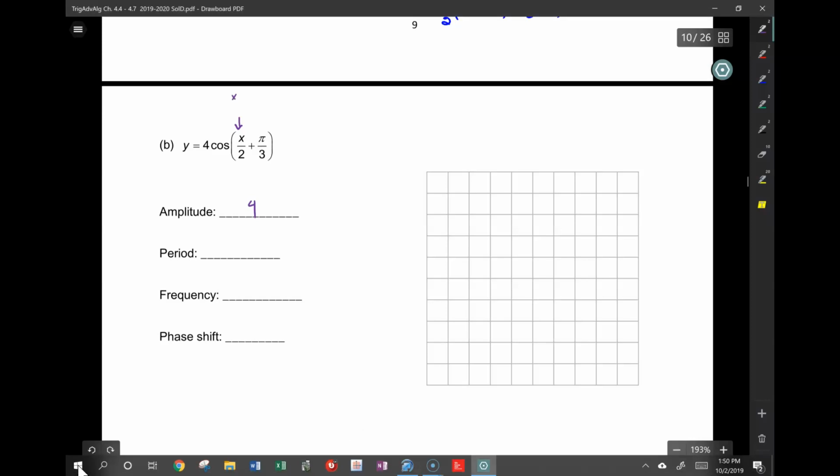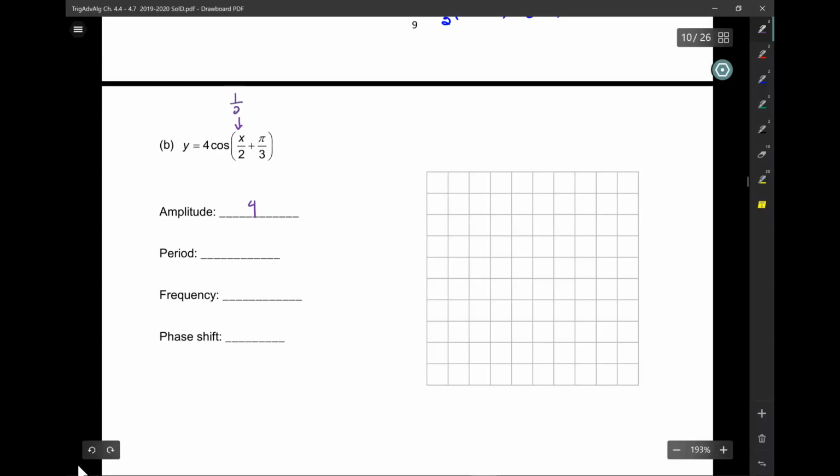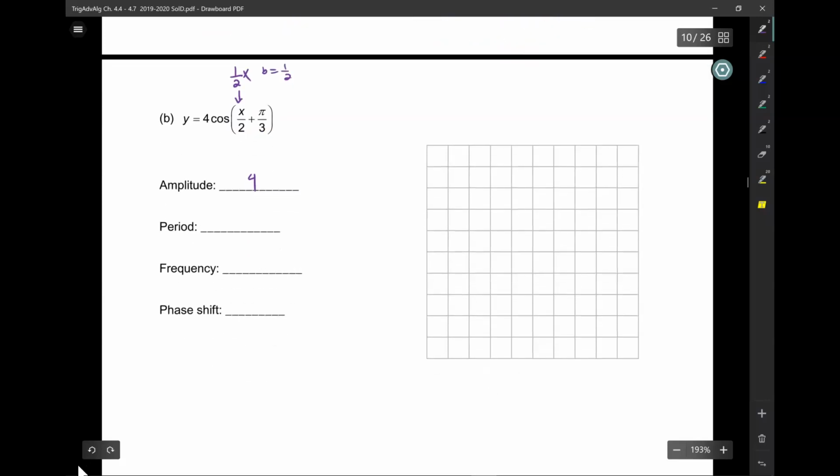So x over 2 is the same as half x, right? So b is equal to 2. I'm sorry, 1/2. Okay, so it's 2 pi over 1/2, 4 pi. Frequency, 1 over 4 pi.